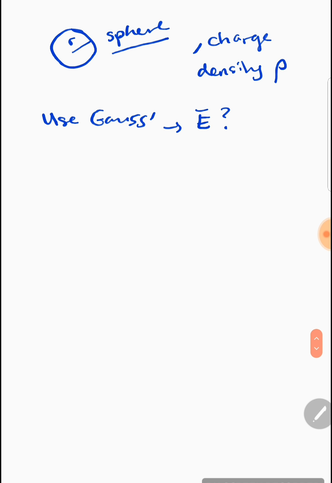Again, remember, the first thing we should do is to choose the region. In this case, we want to find the field inside the sphere, isn't it? So with the purple pen here, I'm going to put this here. So this will then be my, let's call this something else.